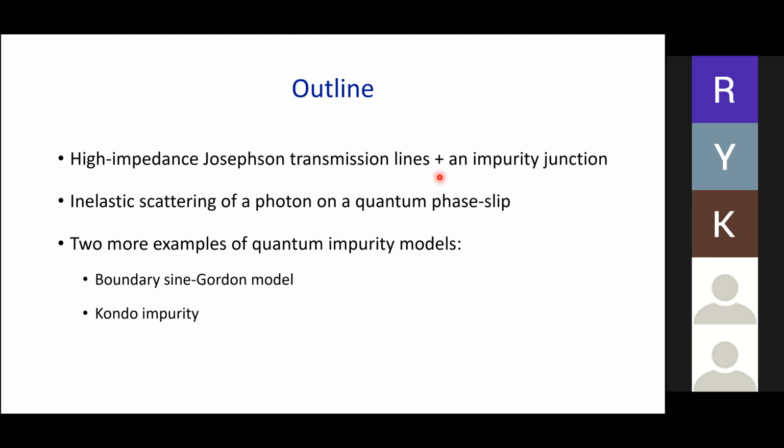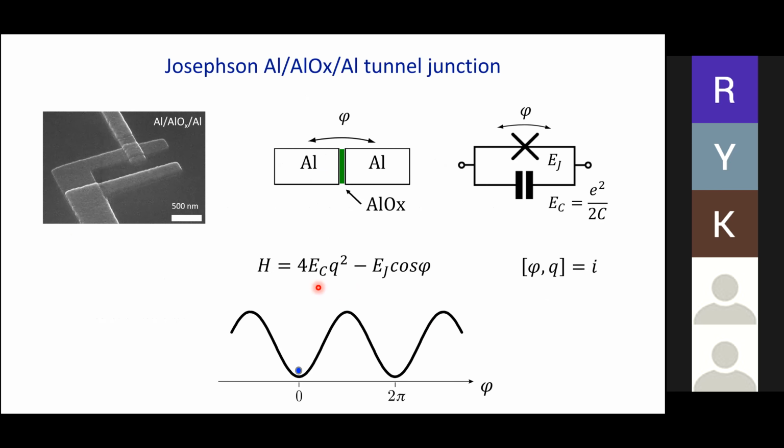Then I will consider an example of one impurity junction in the end and describe the inelastic scattering of single photons on quantum impurities, which is at the core of our technique. And then I will go through two more examples of quantum impurity models, in particular the boundary sine-Gordon model and the Kondo impurity. Before I go into details, let me first give a quick introduction.